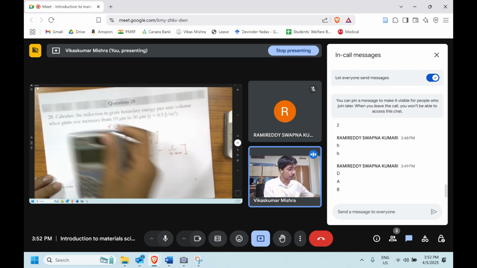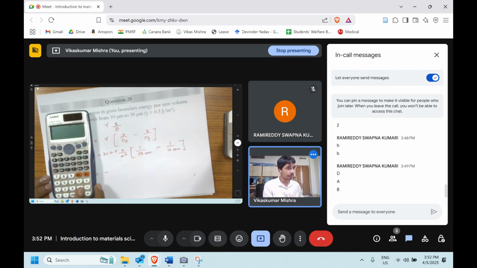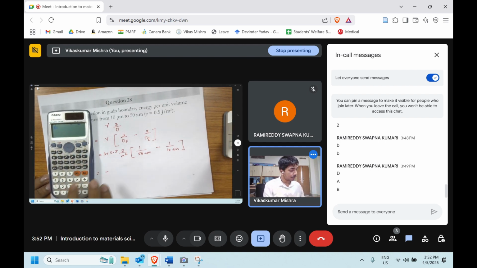Let's try to substitute all the values. See, this is in micrometer, and this was in meter. So what we'll do, we will change this also.